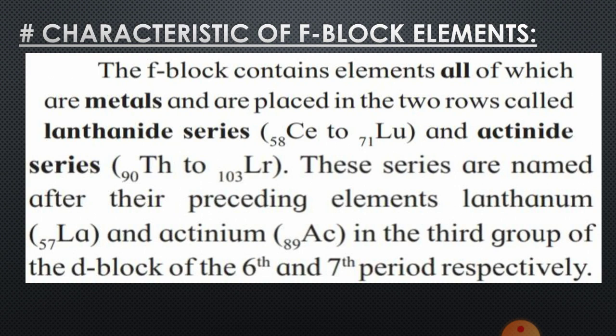So all the elements of the f block are metals. There are two series placed at the bottom of the modern periodic table, the lanthanide series and the actinide series. The lanthanide series has been named after the preceding element, lanthanum, and the actinide series is named after the preceding element, actinium.